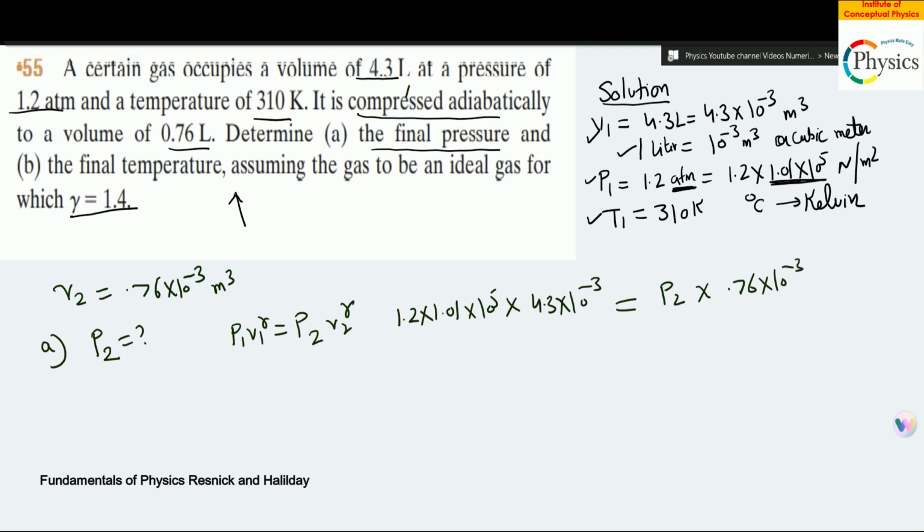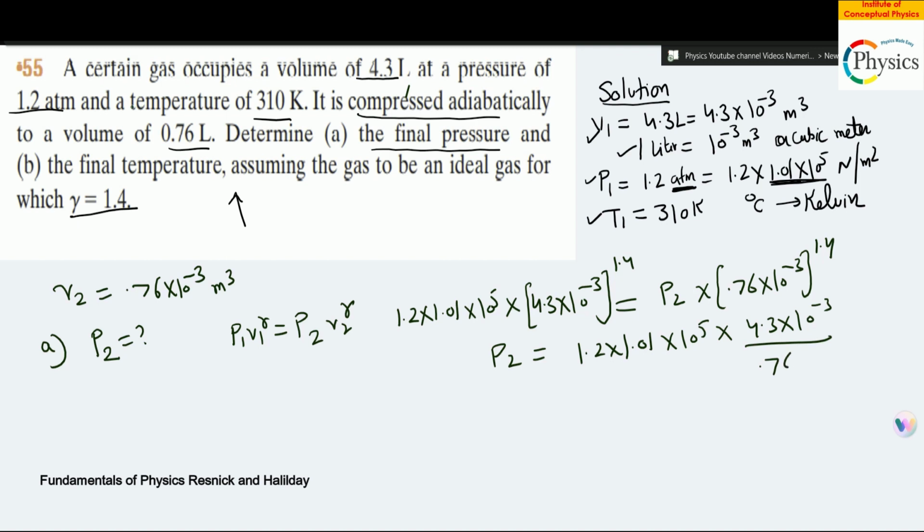And let me just write this as gamma, right? I forgot to write the 1.4 here, raised to power 1.4. And P2 is equal to 1.2 into 1.01 into 10 raised to power 5 into 4.3 into 10 raised to power minus 3 over 0.76 into 10 raised to power minus 3.